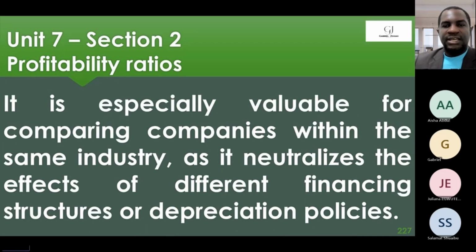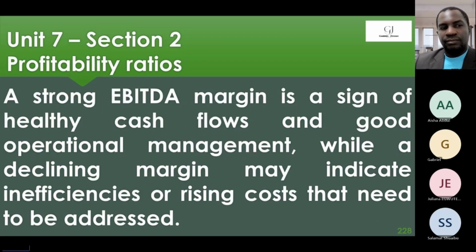It is especially valuable for comparing companies within the same industry, as it neutralizes the effects of different financing structures or depreciation policy. So the EBITDA takes the issue of depreciation and finance costs out of the picture. A strong EBITDA margin is a sign of healthy cash flows and good operational management. A declining one indicates inefficiencies or rising costs that need to be addressed.